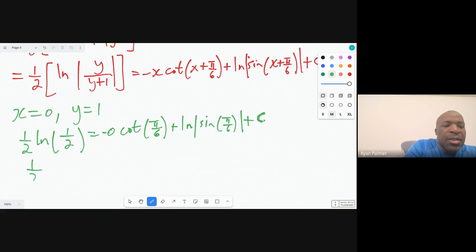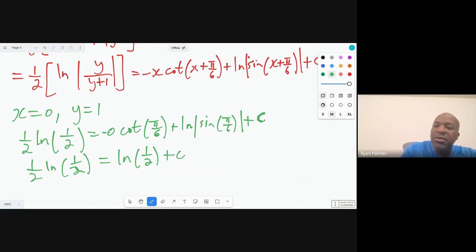So half ln a half is equal to, the sine of pi by 6 is going to be a half, so that's ln of a half, plus c.